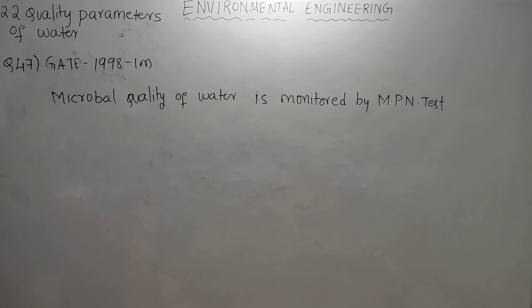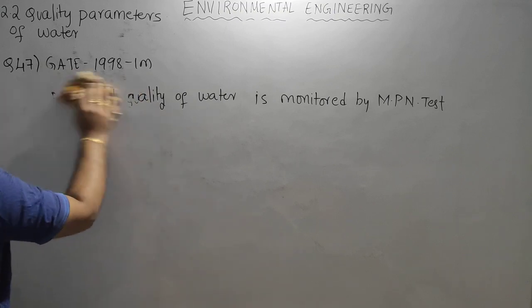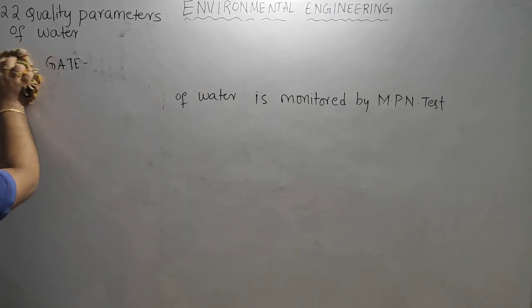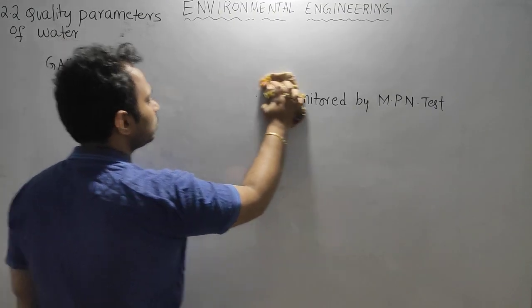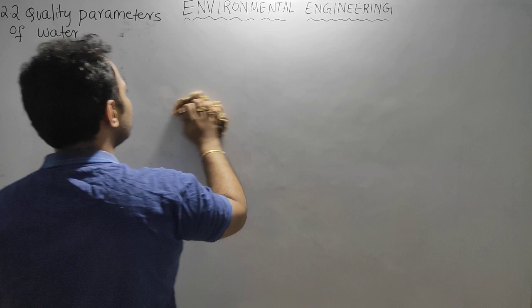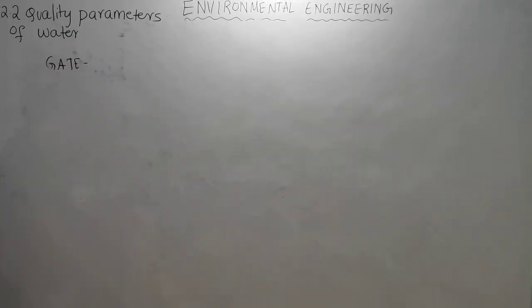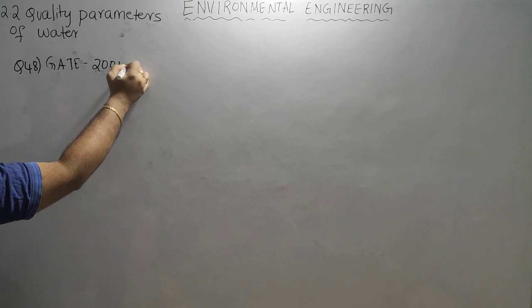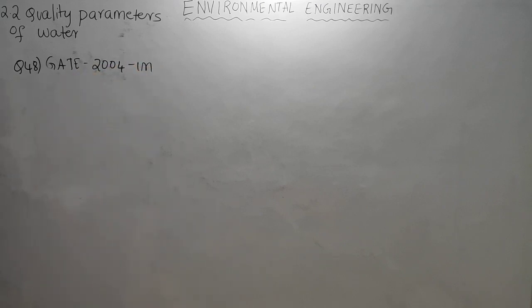48, 2004, 1 mark question. So the question is, hardness of water is directly measured by titration with ethylene diamine tetraacetic acid, EDTA, using what indicator?